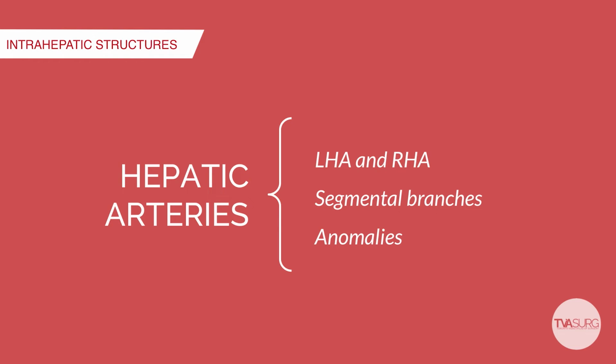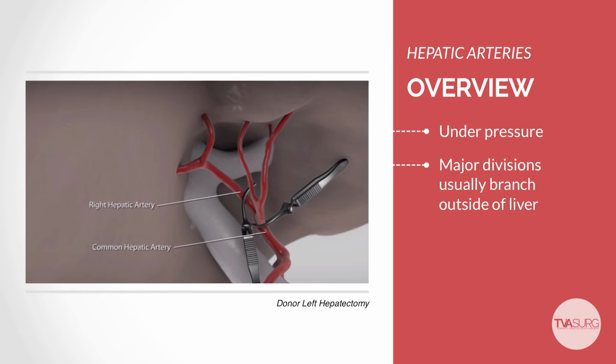We'll take a look at hepatic arteries now, the vessels that bring oxygen-rich blood into the liver. We'll look at the left and right hepatic arteries, secondary branches into liver segments, and we'll discuss some anomalies as well. The common hepatic artery and its branches are most often found deep to the bile ducts. Arteries behave and appear a bit different from the other structures we find in the porta because they are under higher pressure.